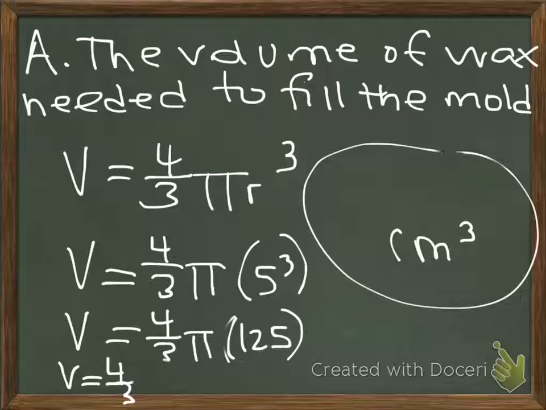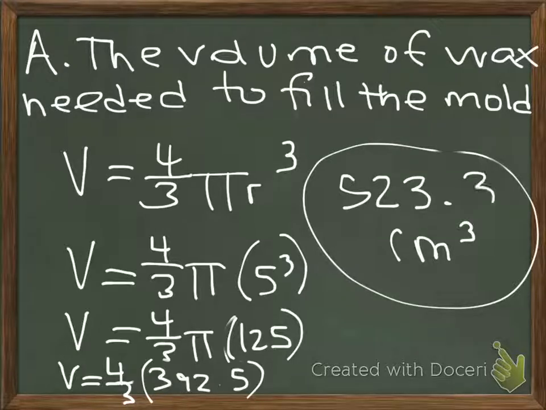So I'm just showing you that it can happen to anybody, but you have 125 now times pi, which is 392.5. And then we're going to multiply that times 4 and divide by 3. So that gives us about 523.3 instead. And that concludes our lesson on three-dimensional figures.